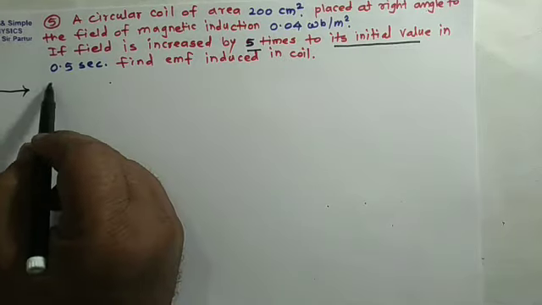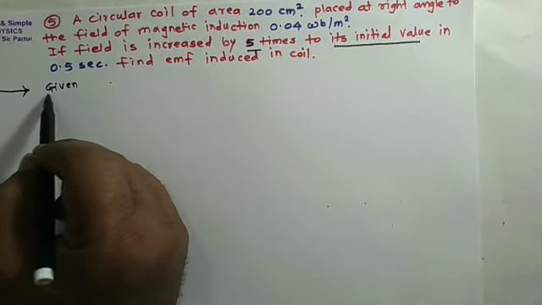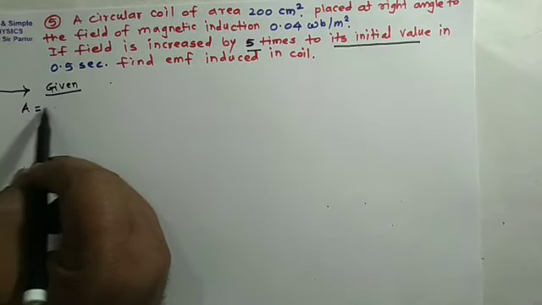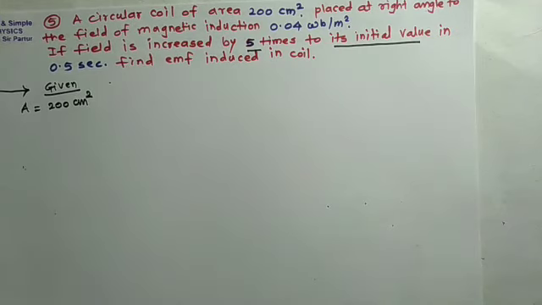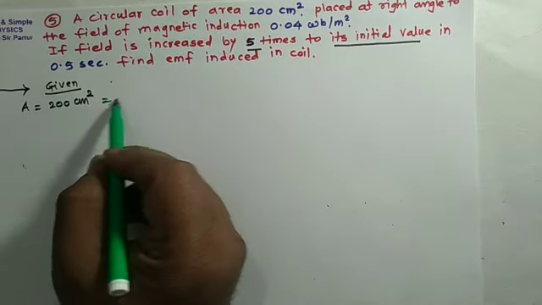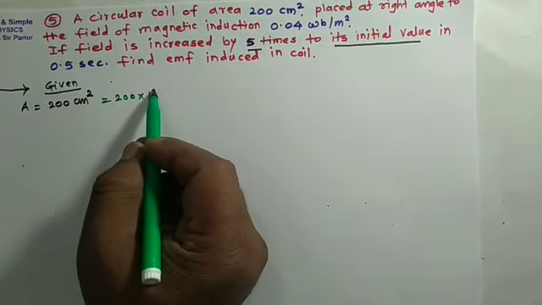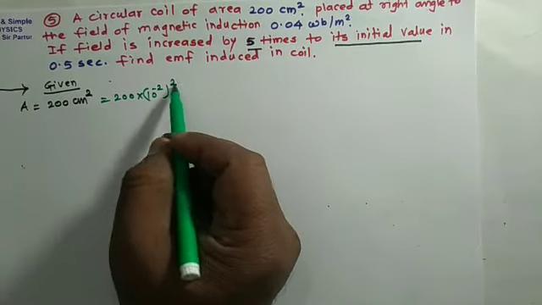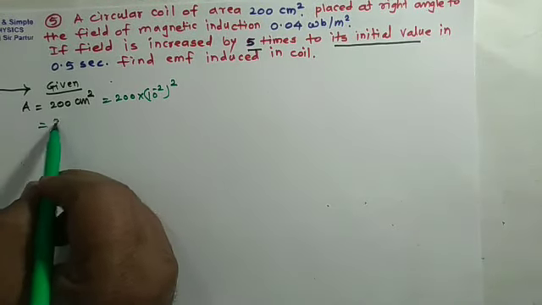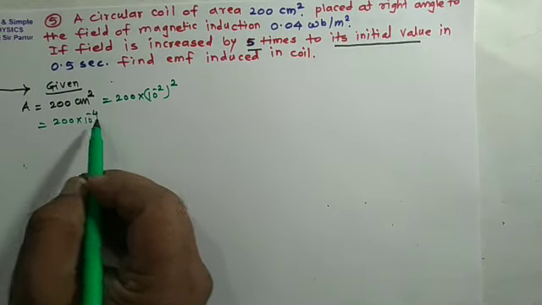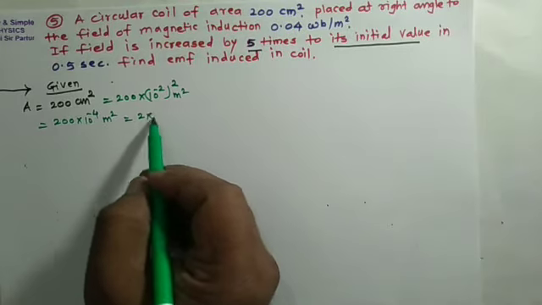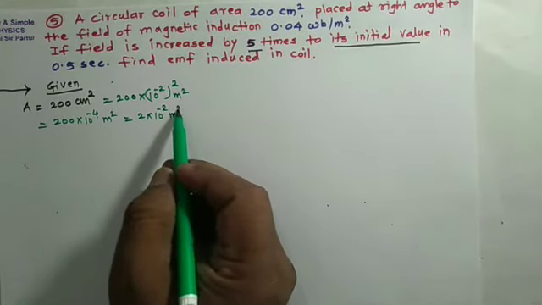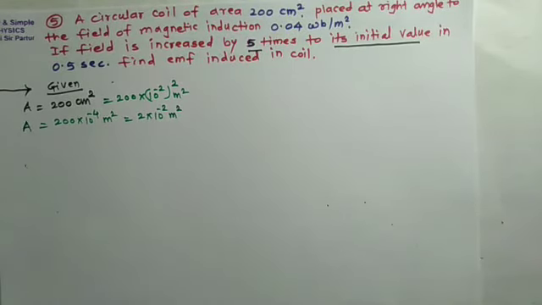So first, the given values or data we can write: area will be 200 centimeter square. Here we change the system of units, it will be 200 into 10 raised to minus 2 bracket square, which will be 200 into 10 raised to minus 4 meter square, means 2 into 10 raised to minus 2 meter square, that is the area.